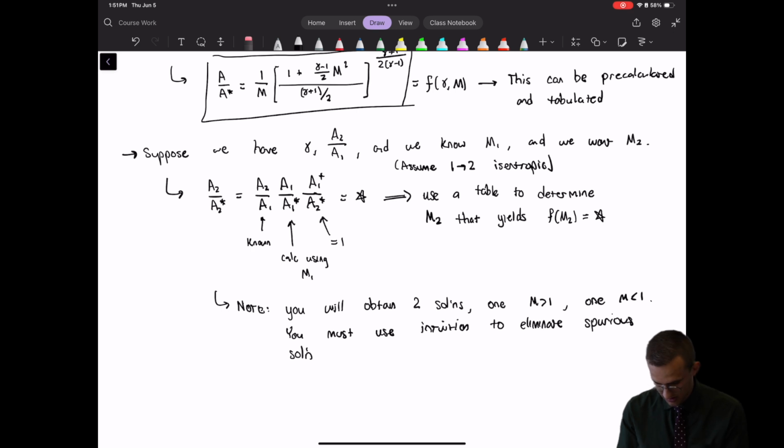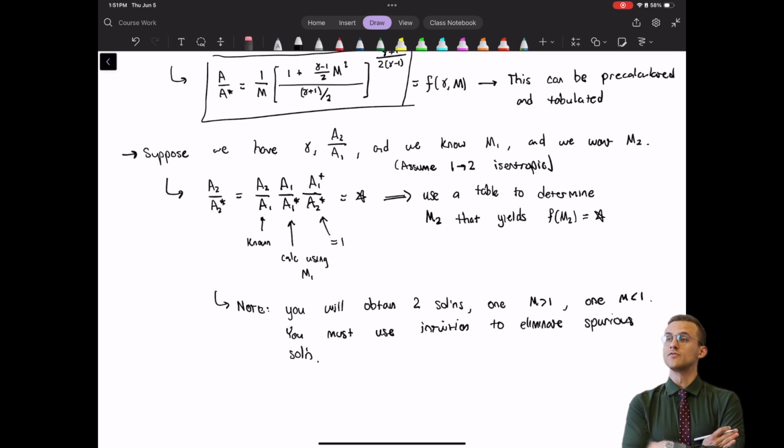And as you think about this, you might guess the way you're going to do that in general is you're going to ask yourself, as I go from state 1 to state 2 based on the things that I know, should my Mach number be going up or down? That's really the question, right? So if you start with a subsonic Mach number and you're in a converging duct, you know that there's no way for you to reach a supersonic Mach number.